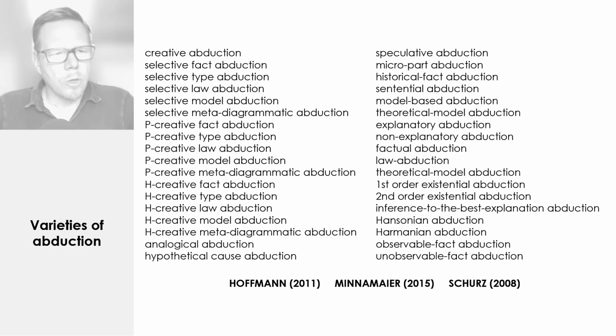Yes, there is some overlap in these categories, but the purpose of this slide is to convince you that we really have to dig deeper into varieties of abduction if we wish to understand what it is that we do when we reason using abduction. And I think that some of these forms are more central to what we do in our field of empirical research on management and organization.